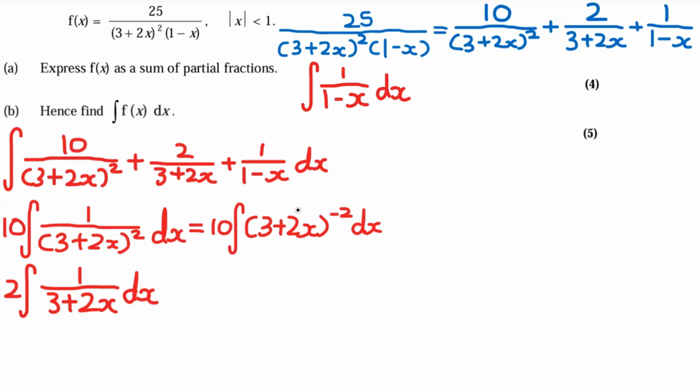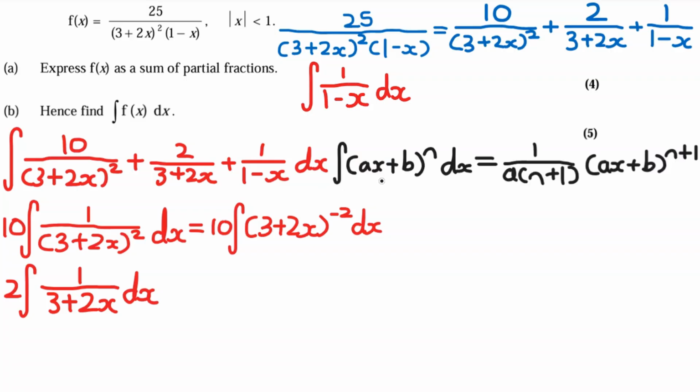But we talked about in general that if you want to integrate (ax plus b) to the power of n, it is equal to 1 over a(n plus 1) times (ax plus b) to the power of n plus 1. So if we take this into consideration, this 1 over a(n plus 1) is going to be 1 over 2 multiplied by (n plus 1), where a, the coefficient of x, is 2.